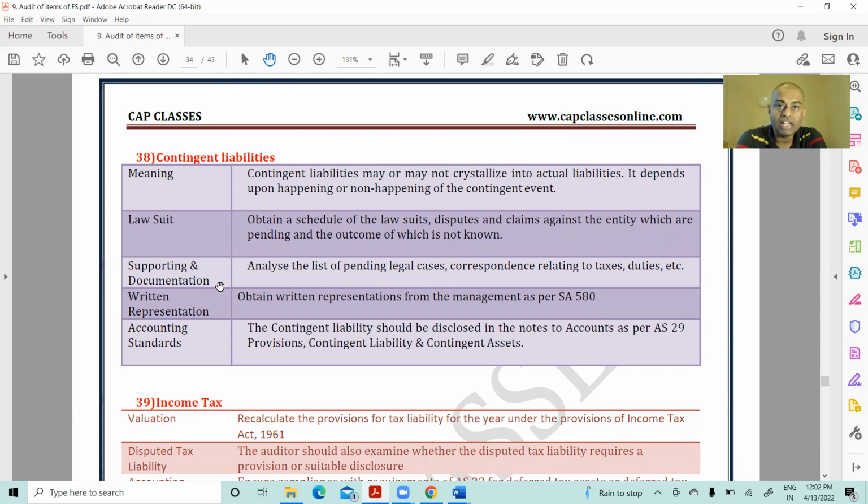Then the auditor will ask, could you please write it on the letterhead of the company? CFO has to write it on the letterhead of the company to Mr. Sandeep, auditor, subject, management representation letter, for the year 2021-22. Dear sir, this is to bring to your kind notice that we have 14 court cases pending.